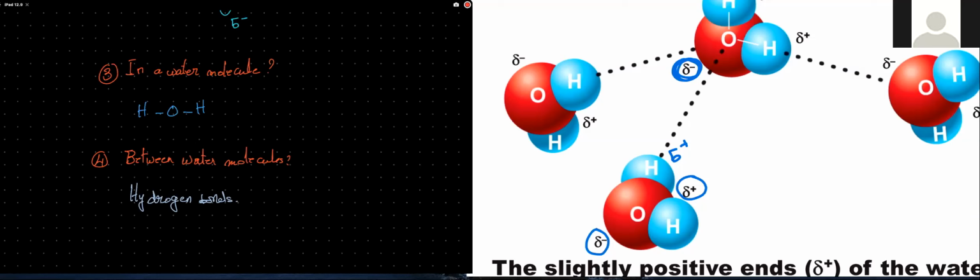Is the difference between the two questions clear? Between water molecules, hydrogen bonds. Inside the water, between the oxygen and the hydrogen, is a single covalent bond.